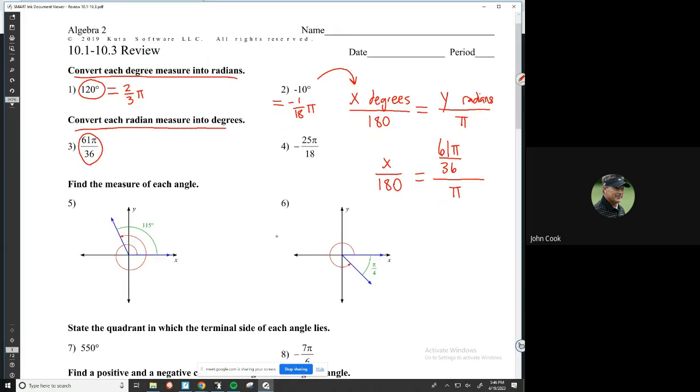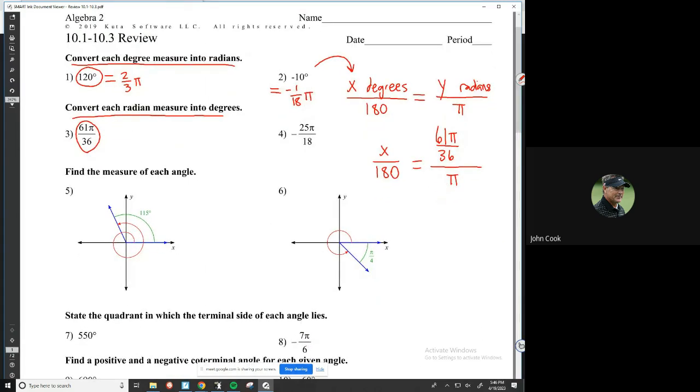Check this out. When I divide that pi in there, all it does every time is cancel out the pi's. Isn't that really nice? It just cancels them out immediately. So you get x over 180 equals 61 over 36. And then if you want to get the x by itself, you multiply by 180. So x equals 61 times 180 over 36.